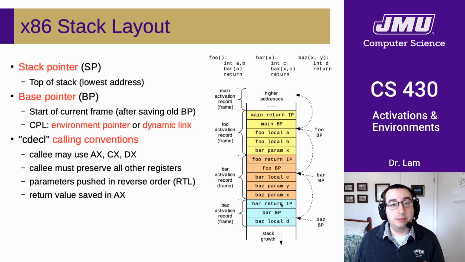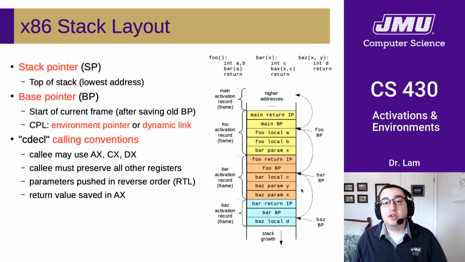This is in the program code, right? This address is somewhere in the code of the program. This is the base pointer for the previous function, which means that it's going to be pointing back to here, which is the slot in the stack where we store the base pointer for foo. And you can see that these base pointers form a chain through the stack.